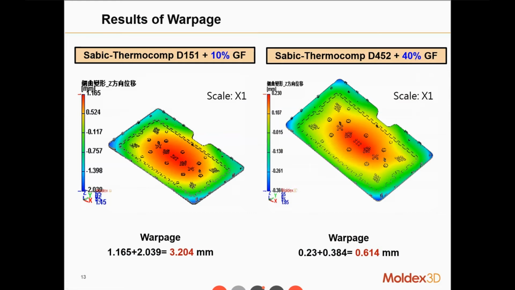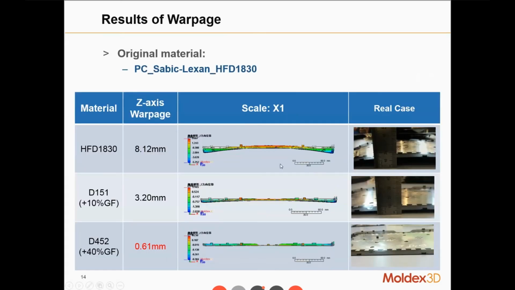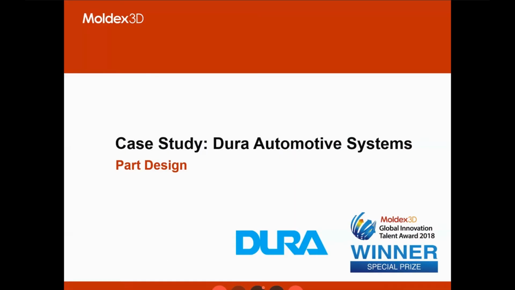In other words, a higher percentage of glass fiber decreases the warpage phenomenon. This is the comparison between the original material and the new materials. We can see the X direction warpage with 40% glass fibers has the most improvement, only 0.6 millimeters.